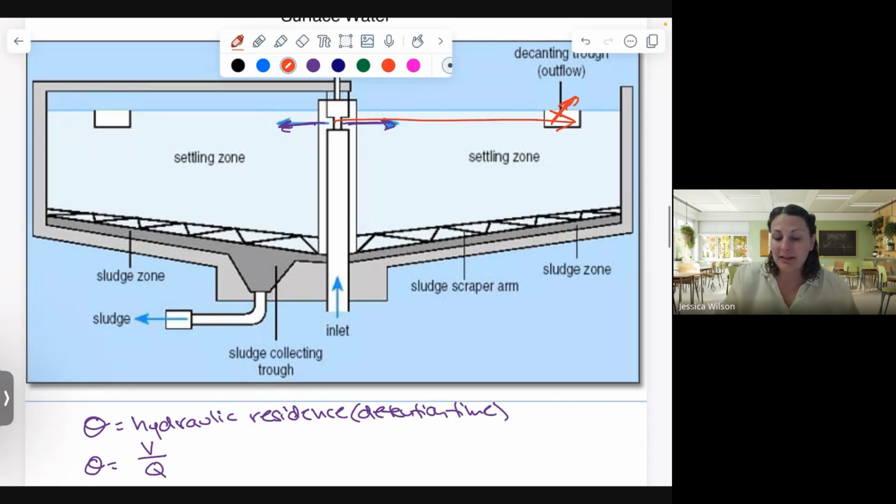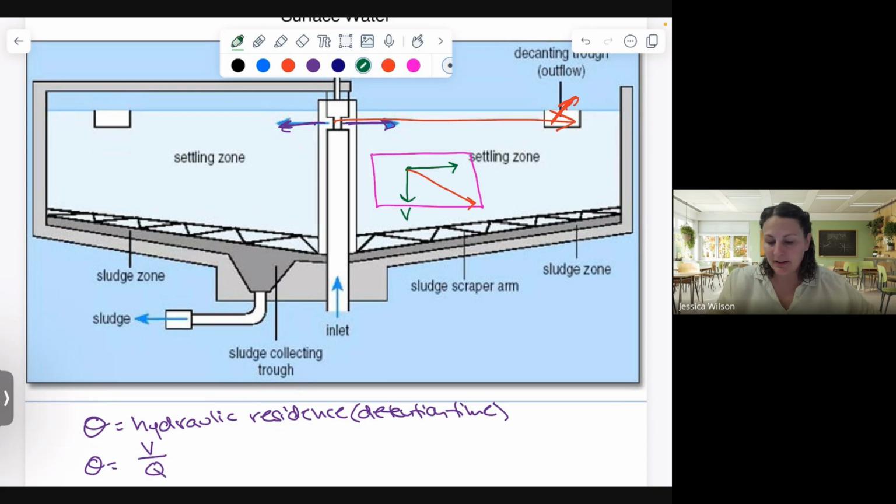And so within this settling tank, if we look at just this settling zone and think about it like a rectangle here in our settling zone, the water is traveling out towards the settling tank, and we want our particles to settle to the bottom. So actually within this settling zone, they are following that diagonal trajectory.